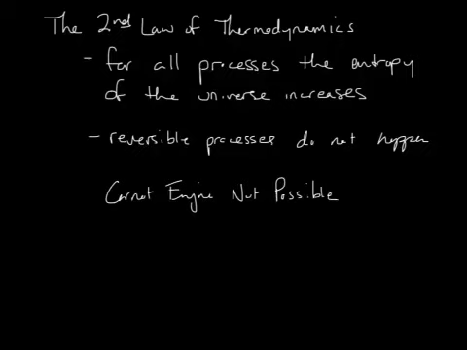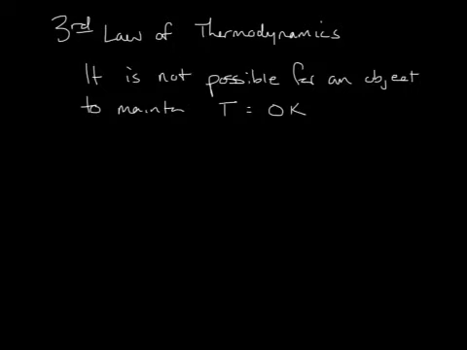But now we're going to use the third law of thermodynamics and talk about what would happen even if it was possible. So there's a couple ways to interpret these laws of thermodynamics, but one of the ways to interpret the third law of thermodynamics is that it is not possible for an object to maintain a temperature of 0 Kelvin. Basically, we know if an object is colder than its surroundings, then heat's going to transfer from the surroundings into the object. And there's no way to have absolutely no heat transfer in, so there's no way we're going to maintain a temperature of 0 Kelvin.